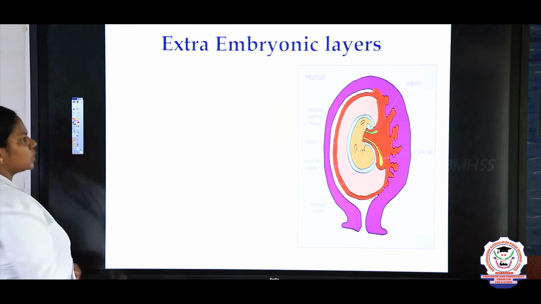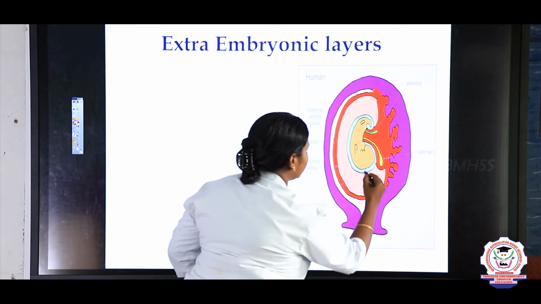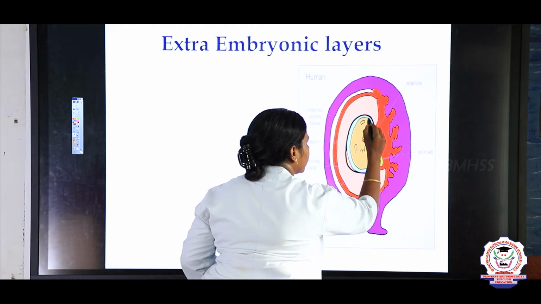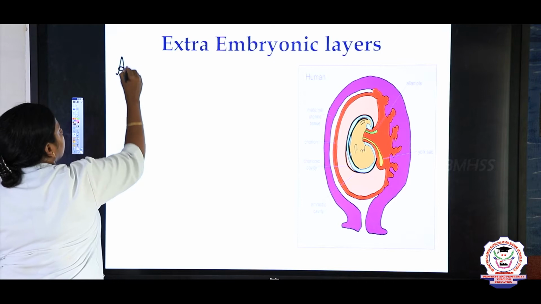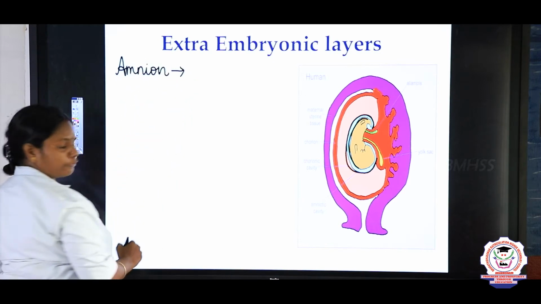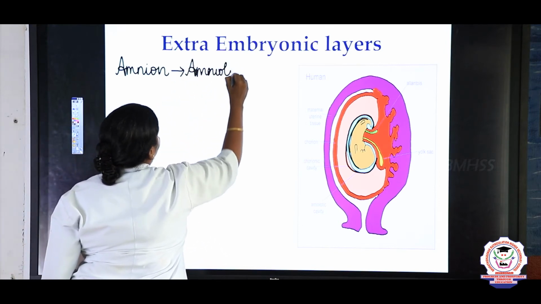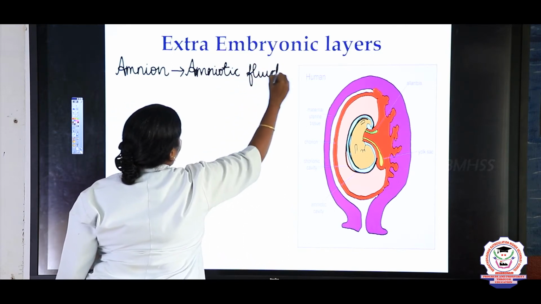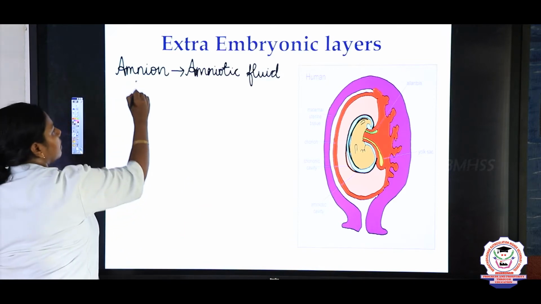The first layer we call the amnion. Just look at this, children. It is double walled. What is the function of the amnion? The amnion consists of amniotic fluid, and the main function of the amniotic fluid is that it provides buoyancy.